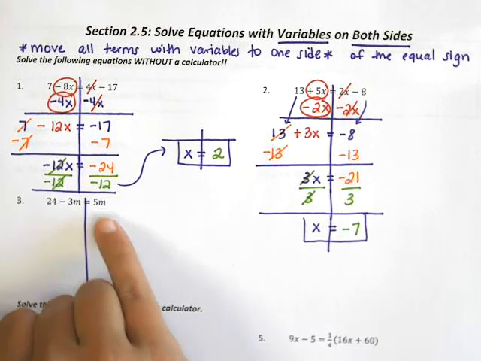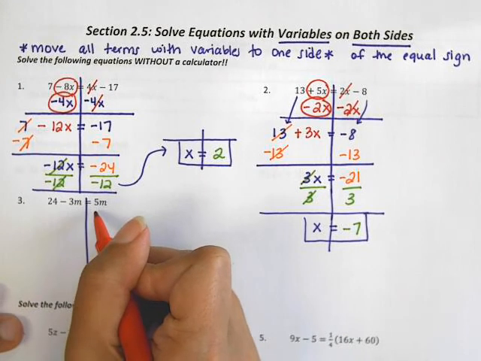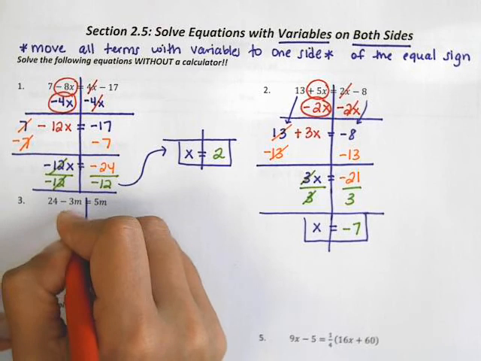However, the right-hand side doesn't have any other terms besides the term with the m. So when I'm trying to decide how to get the m's together, instead of subtracting 5m, I'm going to add 3m.